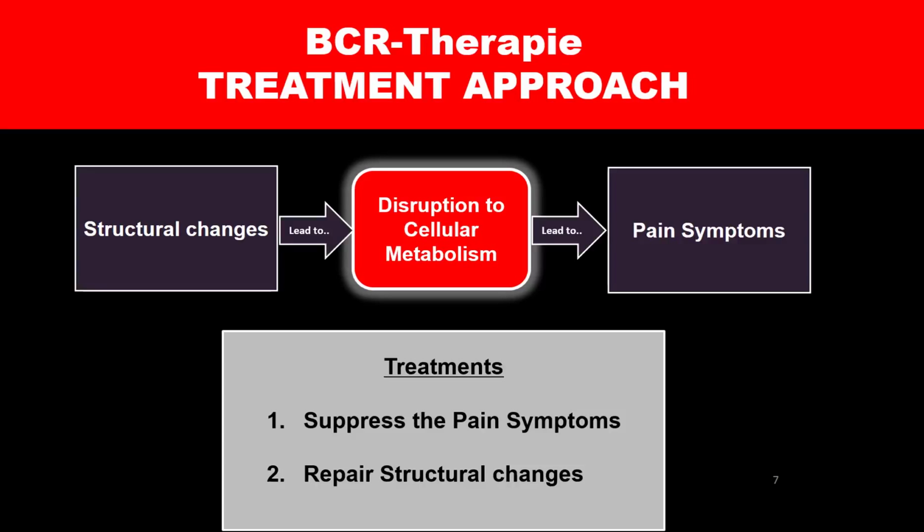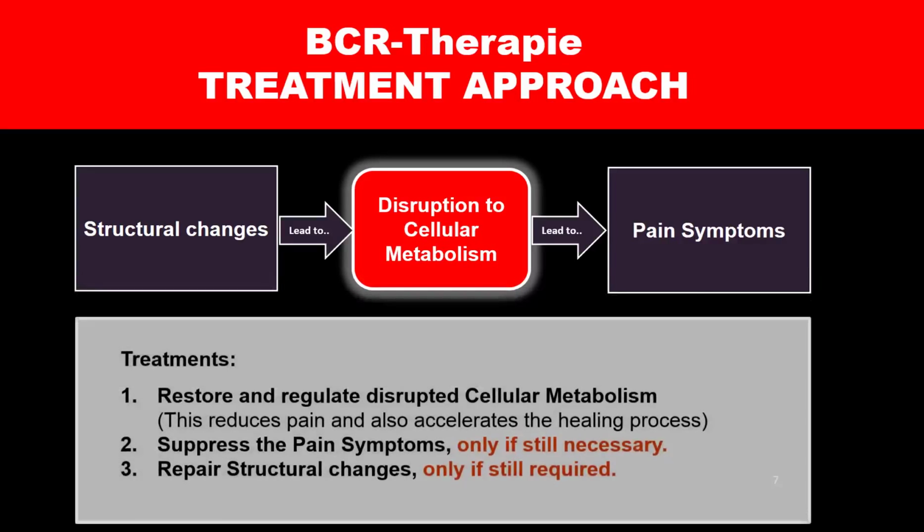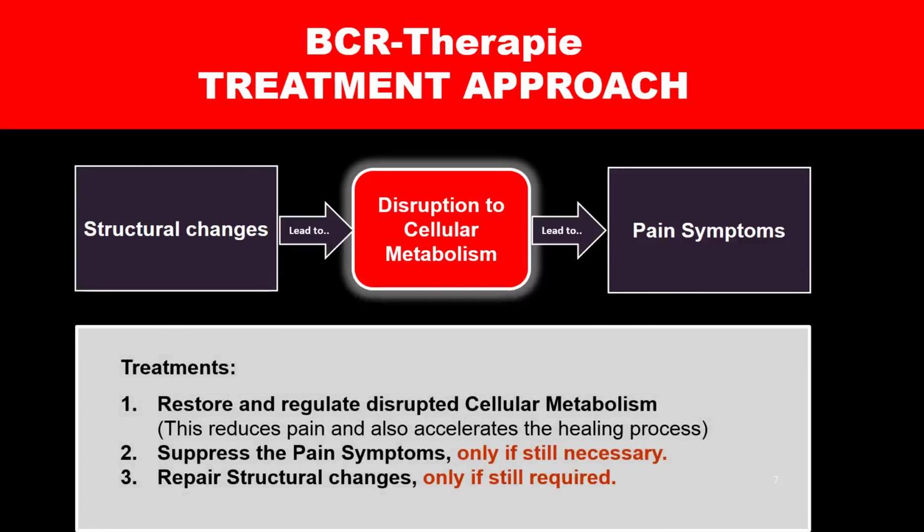So there will be a change in the treatments. Now the treatments will be, number 1, to restore and regulate disrupted cellular metabolism. This process reduces pain and also accelerates the healing process. Number 2, suppress the pain symptoms only if still necessary.